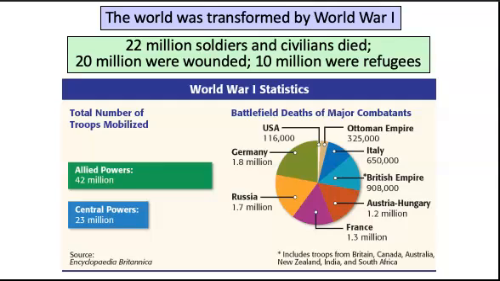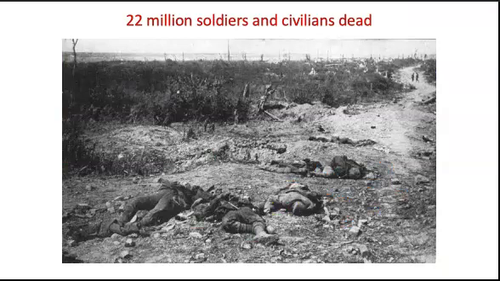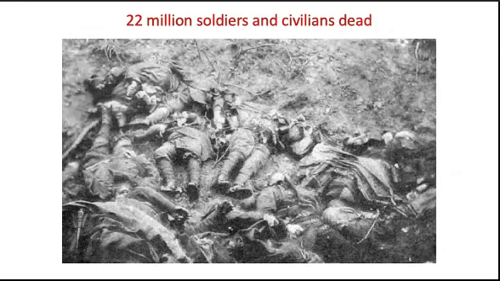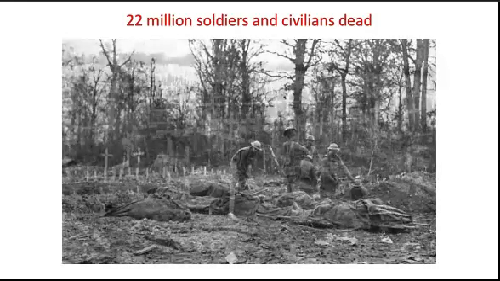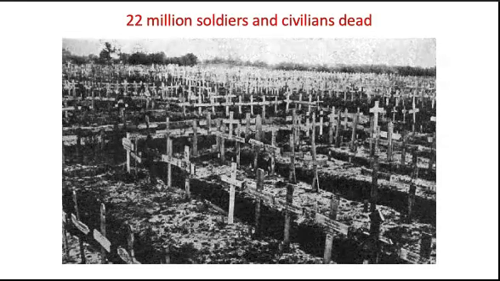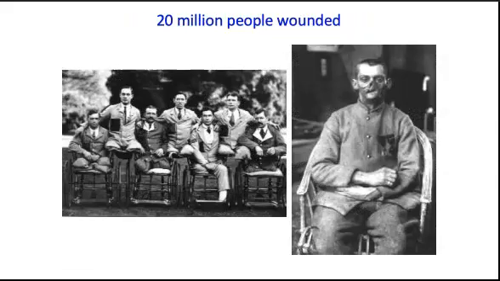In total, 22 million soldiers and civilians will die in World War I, 20 million wounded, and 10 million will become refugees during the war. You can see some of the brutal pictures of both civilian and military dead over the next few slides. In addition to this, gruesome injuries would scar an entire generation for life.